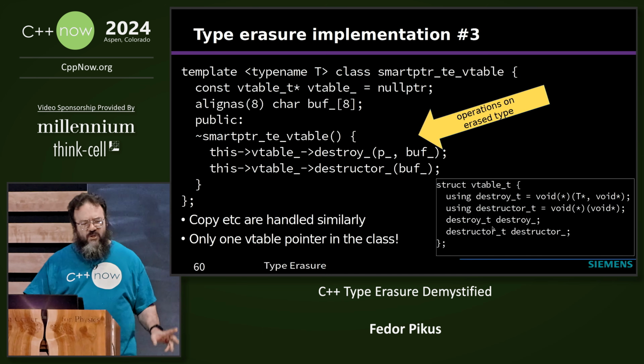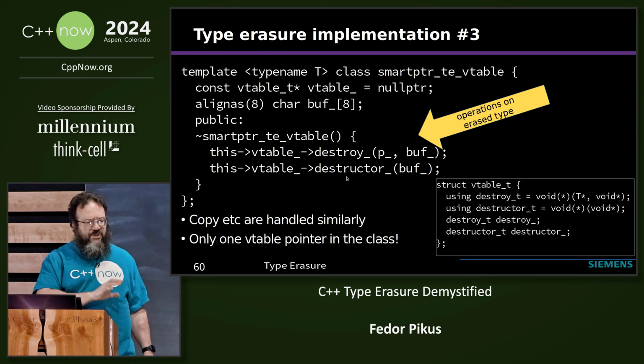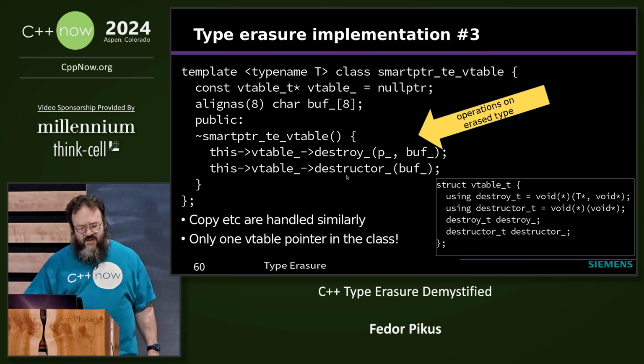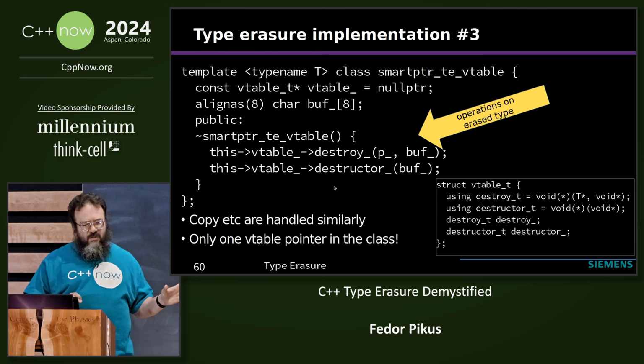Now, this is very similar to what I've done before with static functions. In fact, the functions that I assigned to destroy and destructor were static template functions. The difference is, in my version 2, I had a function pointer directly in the object for every static function that I wanted to be able to use.